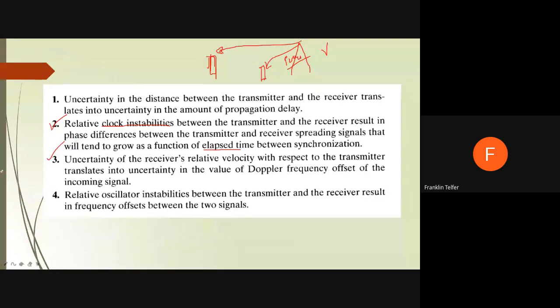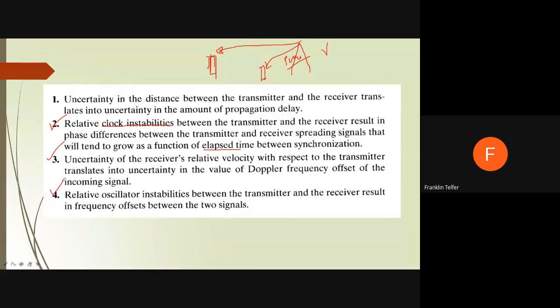The next one is relative oscillator instabilities between the transmitter and receiver, resulting in a frequency offset. There are two signals being transmitted in the same channel, so the frequency can be offset when you have instability in the oscillator. We use local oscillators, right?